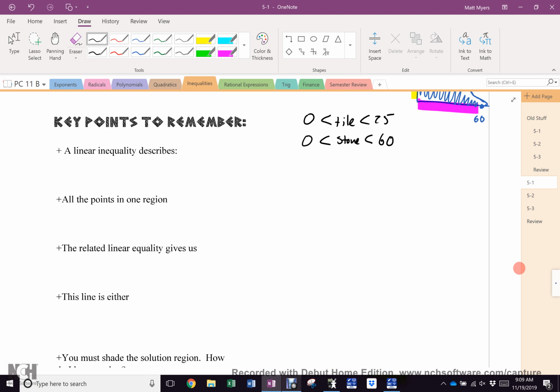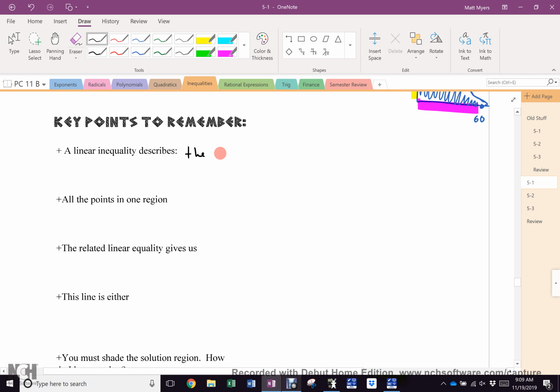An inequality describes the, I'm going to hit my answer there. Describes the, and I don't want to use this word, because the word is bad, because we use it in math, it means something else.